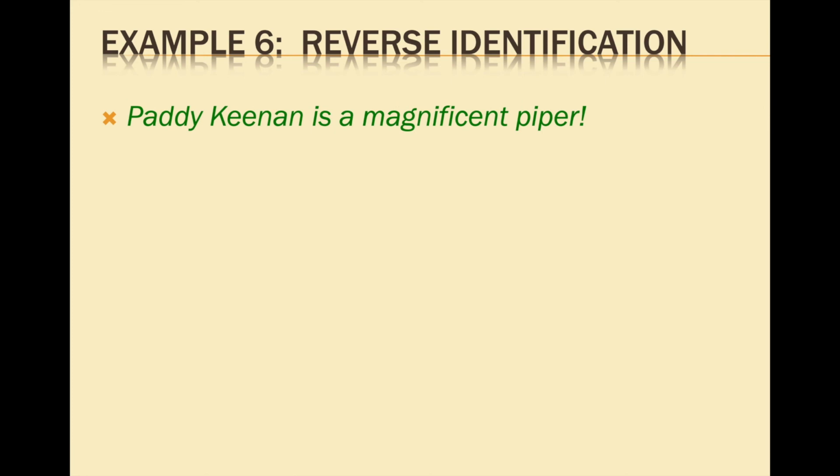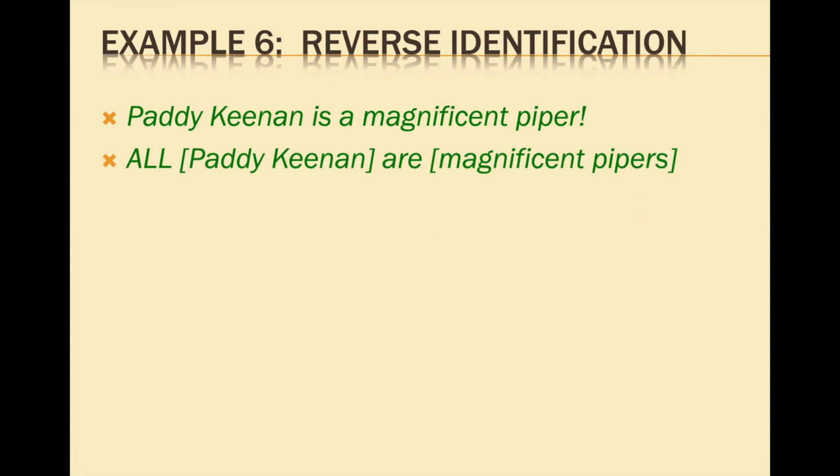So I have the original natural language statement, Paddy Keenan is a magnificent piper. Again, because Paddy Keenan is an individual, we know this is going to be a universal statement, and it's obviously also affirmative. So we have in standard logical form, all Paddy Keenan are magnificent pipers.